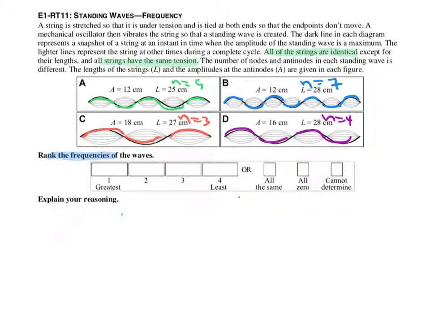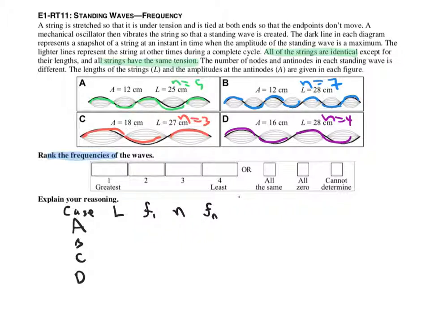So let's get rid of this for now and go back and say we're going to have case A, B, C, D. We have the length, so we're going to figure out the frequency of the base mode. We have the mode number, and so we're going to figure out our actual frequency.